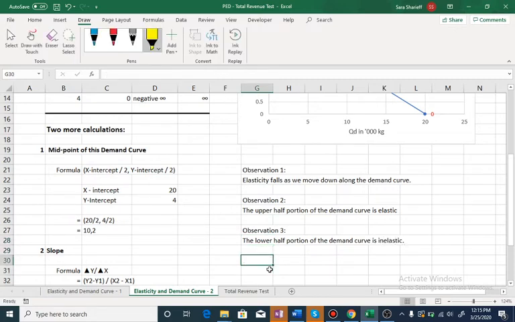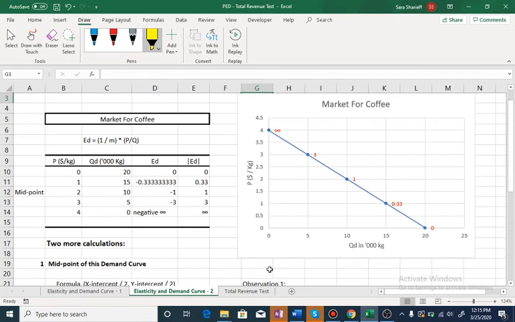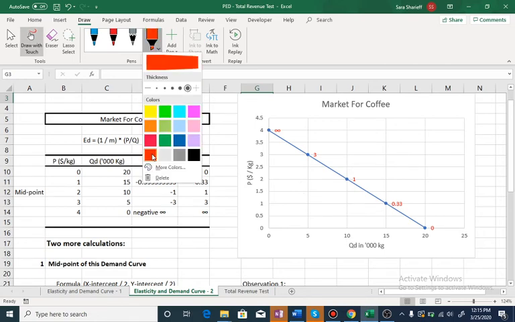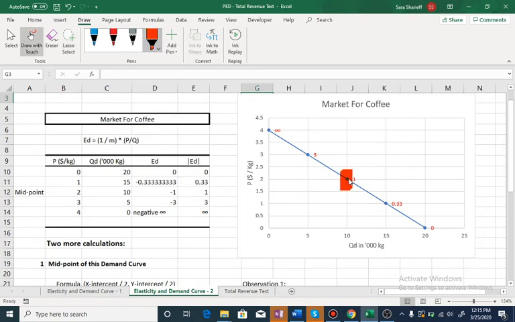There is a very important 4th observation. What is that? At the midpoint of the demand curve, what is your midpoint? We've already calculated it, where price is equal to 2 and quantity demanded is 10. At this point, the absolute value of price elasticity of demand is equal to 1, right?